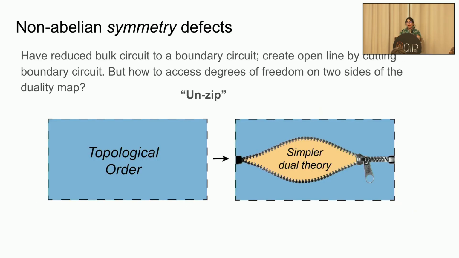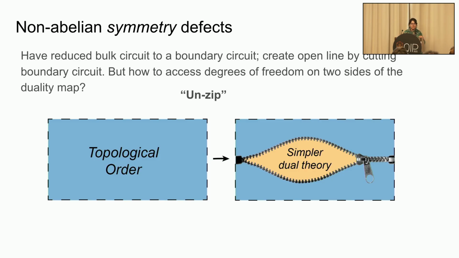So I have this boundary circuit, and I could imagine just creating an open line by just cutting this boundary circuit. But I need to access the degrees of freedom on both sides of the Kramers-Vannier map. This is a duality mapping, right? So I'm envisioning that I start with a paramagnet, and then I apply this duality mapping to all my degrees of freedom, and it transforms me into the toric code. So I don't really have simultaneous access to the degrees of freedom. They're really the same degrees of freedom.